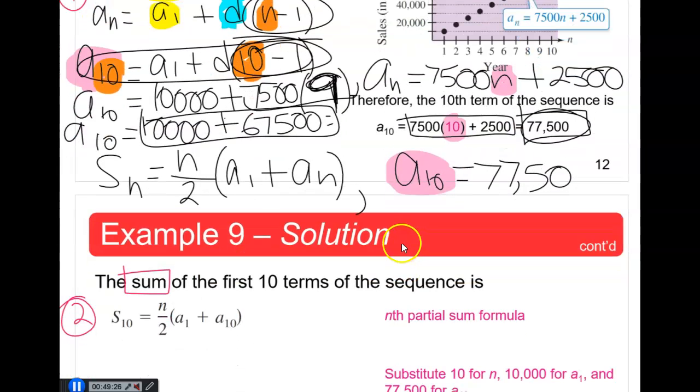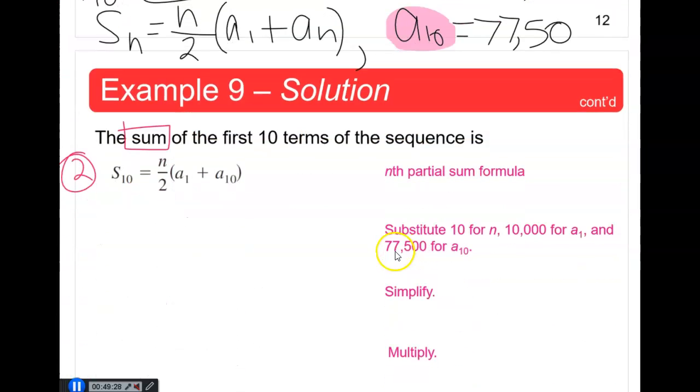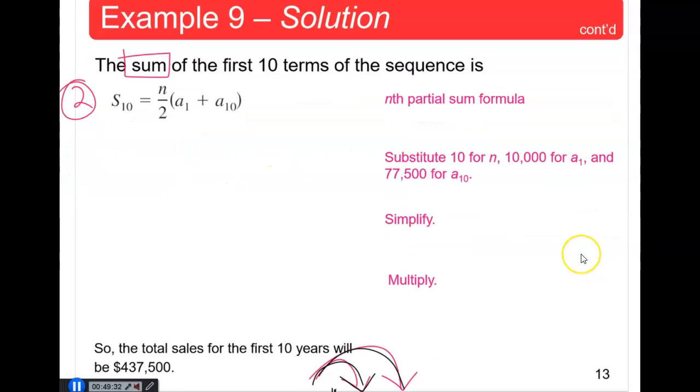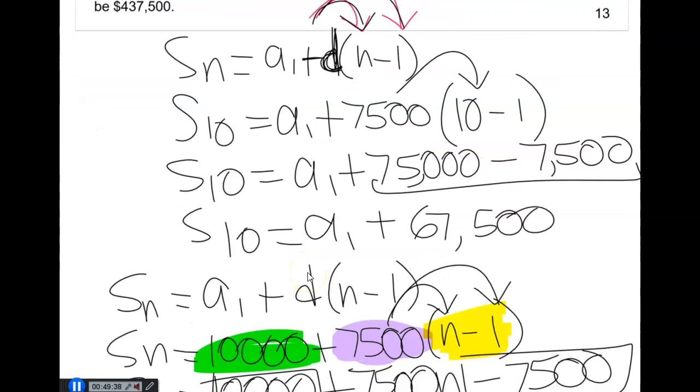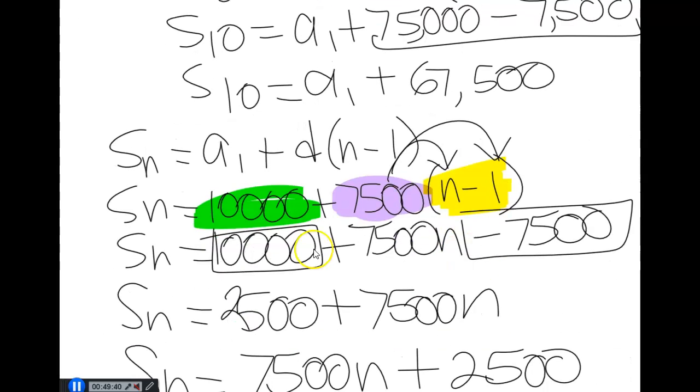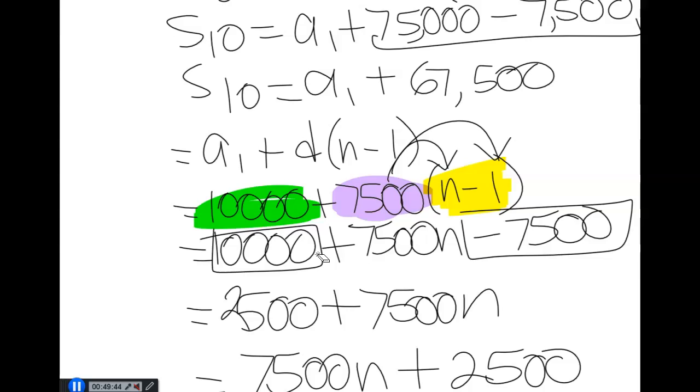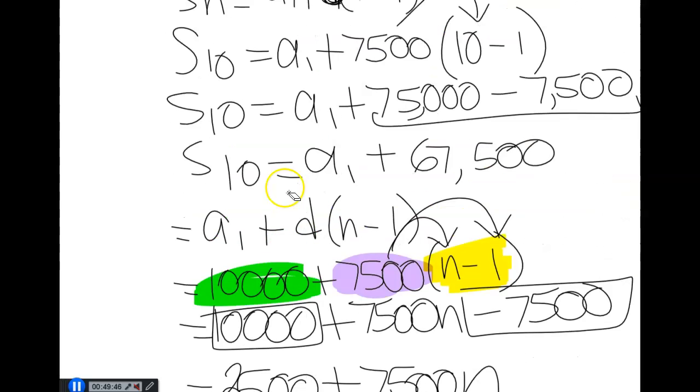So now let's move on to our second and final step. That will be how to find the sum, the addition of all those 10 terms. So we know that, and I'm just going to make this correction. I've been writing S sub n, and that is so wrong.